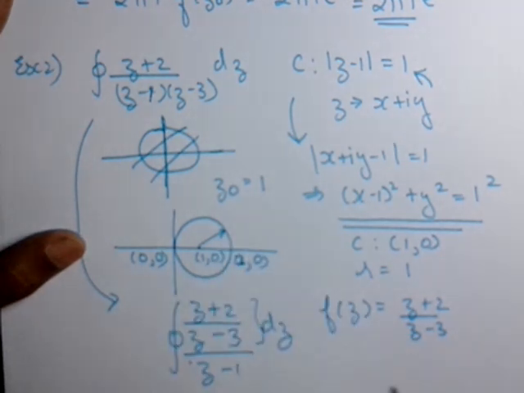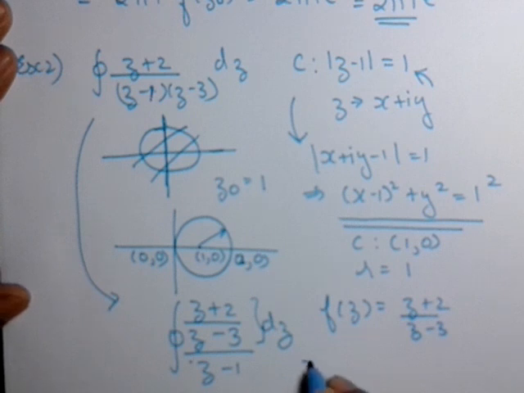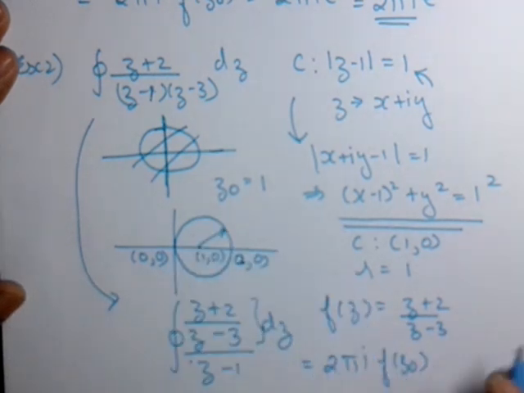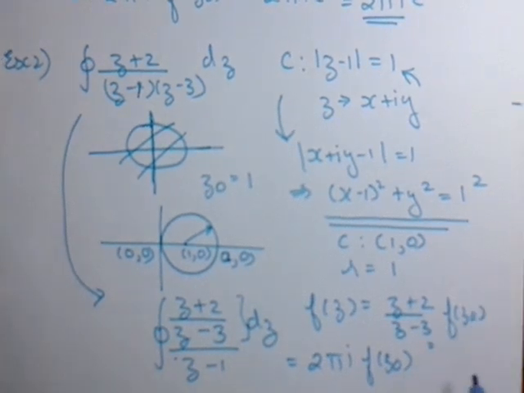So now applying the Cauchy integral formula, we know the answer is 2 pi i into f(z0), and f(z) is this. So putting z0 in this, we get f(z0) equals f(1), that is 1 plus 2 is 3 upon 1 minus 3 is minus 2.